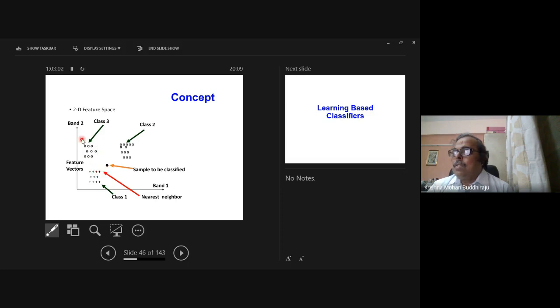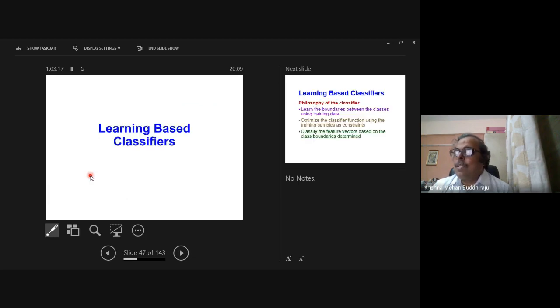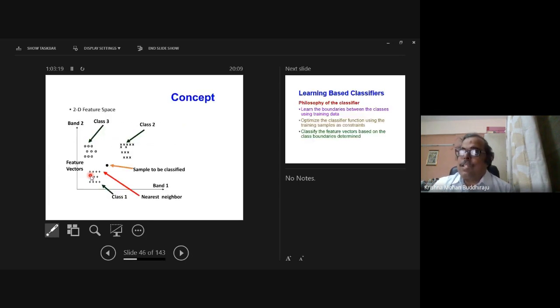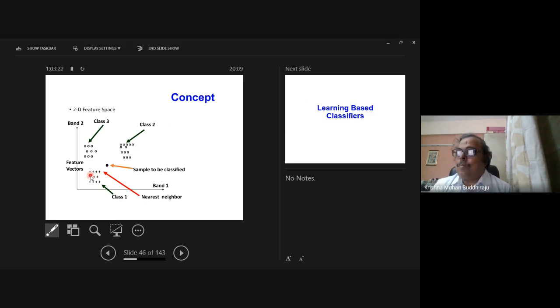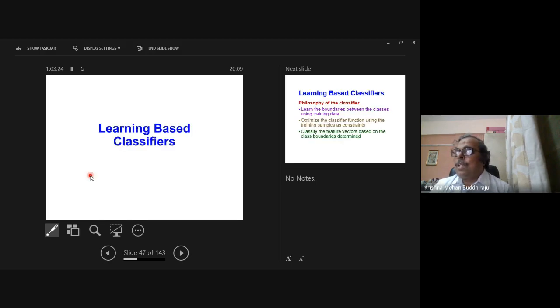Out of all the training samples, suppose you find that class 1 has a training sample closest to this, so you assign this to class 1. And we have extensions like k nearest neighbor, etc. We need not go into it. So far, we are given the data and we are ready for classification. There is nothing to be learned for classification purposes.